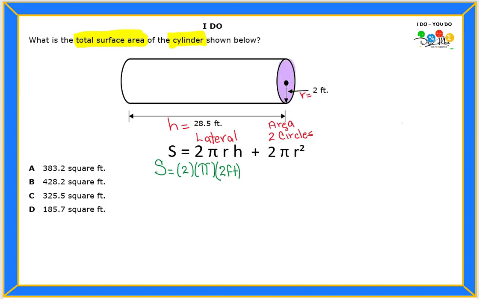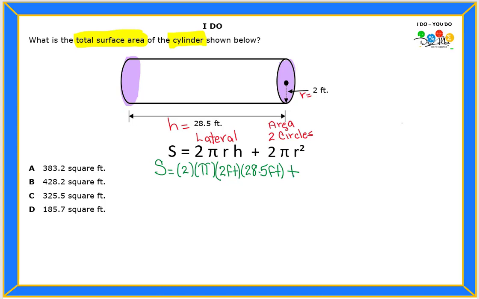So this is one of my bases. The other one is kind of hiding, but it's right here. Imagine that it is right on the other end. Okay? So now notice how the height is connecting both of the bases. Okay? So that's our clue. So that will be equal to 28.5 feet.